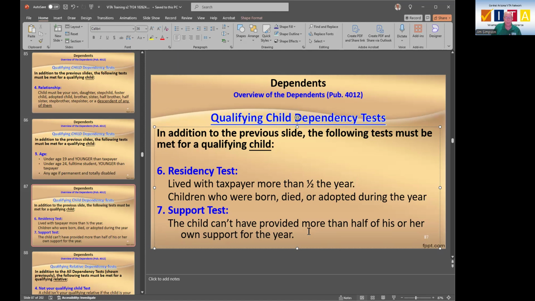You see what I was talking about earlier, where whether you can claim somebody as a dependent is not a choice. In other words, if my daughter is supporting herself, she can't say, well, I'm letting my dad claim me, I won't claim myself on my own return. It's not a choice. It's the facts and circumstances that determine who can claim the child as a dependent or whether they can claim themselves. So that's really important here.